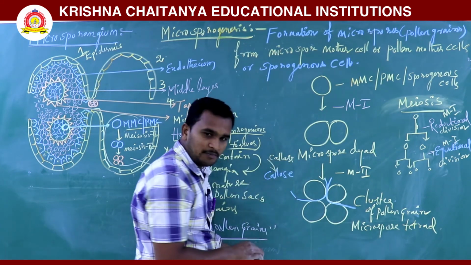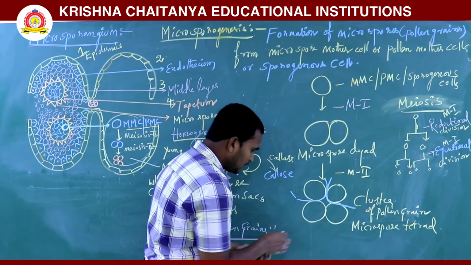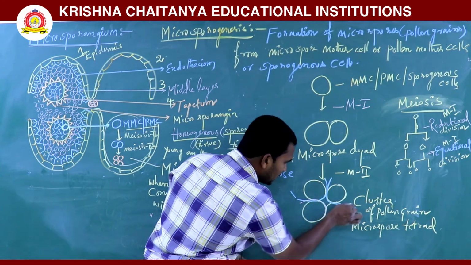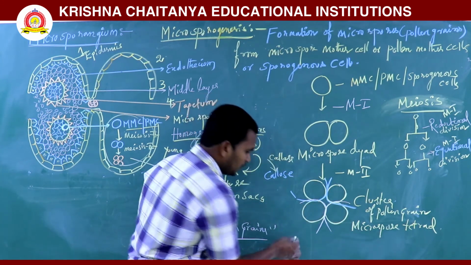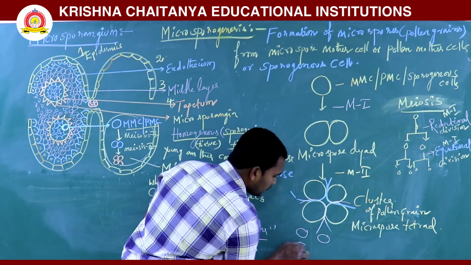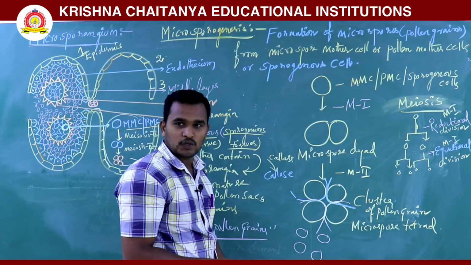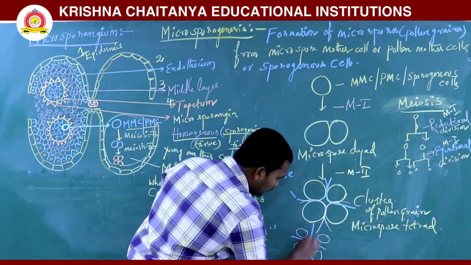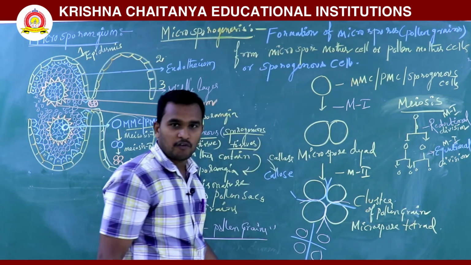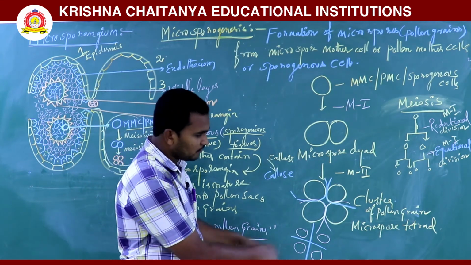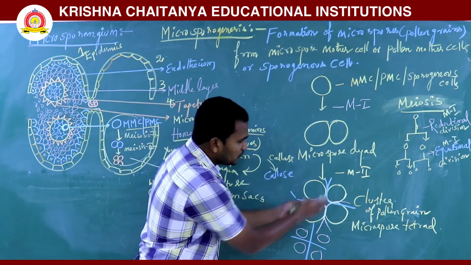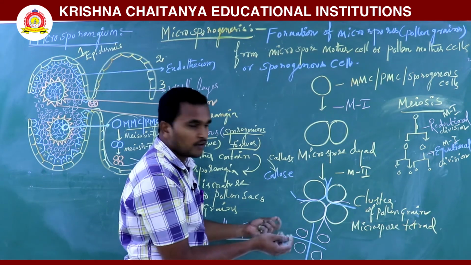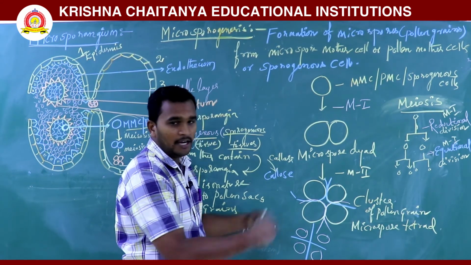When the callase enzyme dissolves it, the pollen grains separate automatically. The pollen grains will be dissociated. This is the formation of the pollen grain. Now it is a cluster, and when the anther is fully mature, it will dissociate.